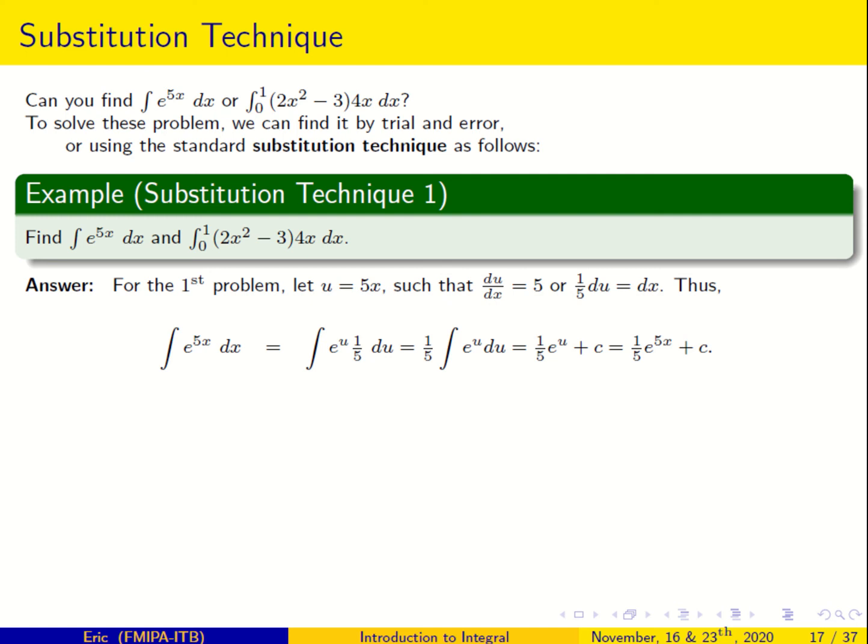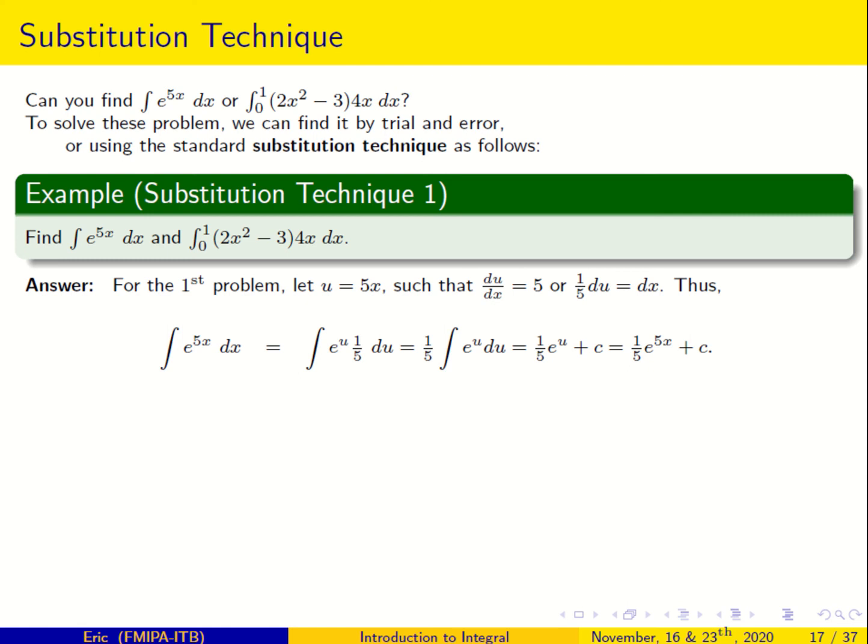But this is something that we know. We usually have the integral of e to the x dx, but it is all the same. U, x, v, y, z is just a dummy variable. So what is the integral of this? This is just e to the u.